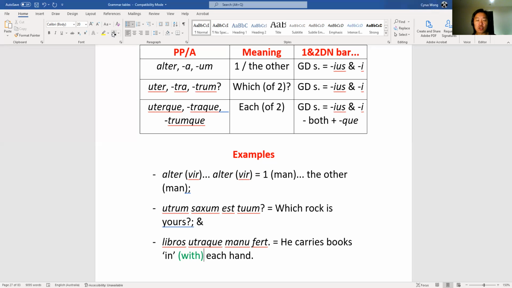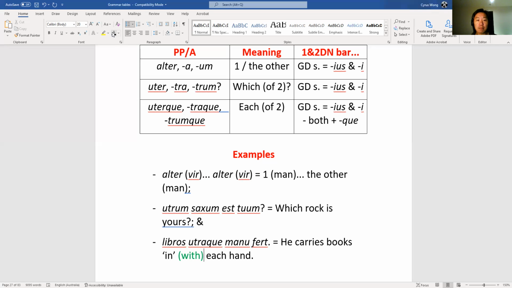Uter, utra, utrum, as you can see, I'm showing you that uter declines like ager, agrum, so it does drop the e. If you know how to decline that, you know how to decline uter. Utra, utram, the feminine and neuter don't have an e at all. And uterque is exactly the same as uter, like ager, except you just add a que to the end.